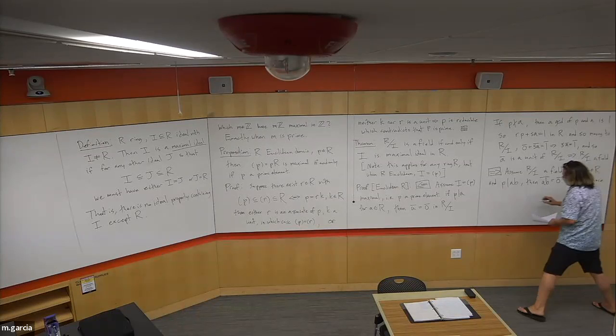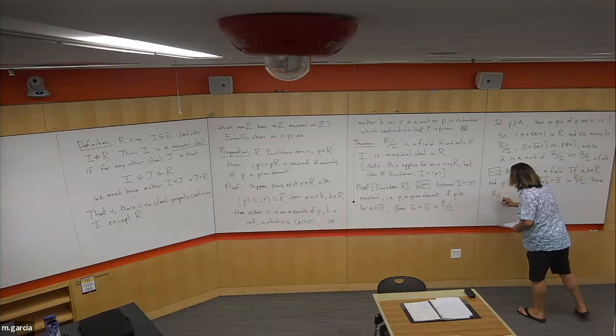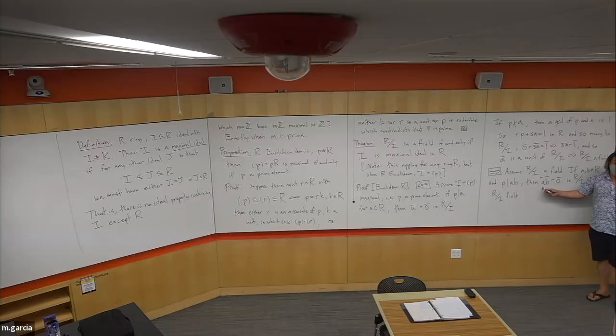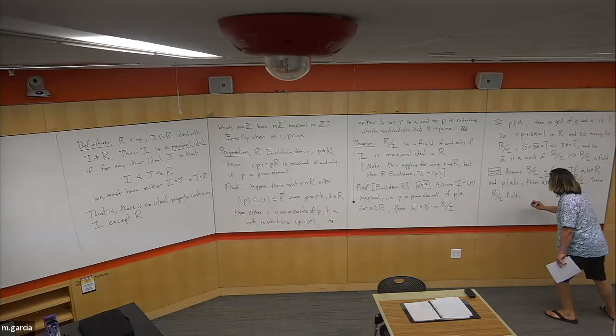Now, since R mod I is a field, we know in particular that it's an integral domain, right? It has no zero divisors. So what that tells us is that one of the residue classes, A bar or B bar, must be 0, right? So since R mod I is a field, it is an integral domain.